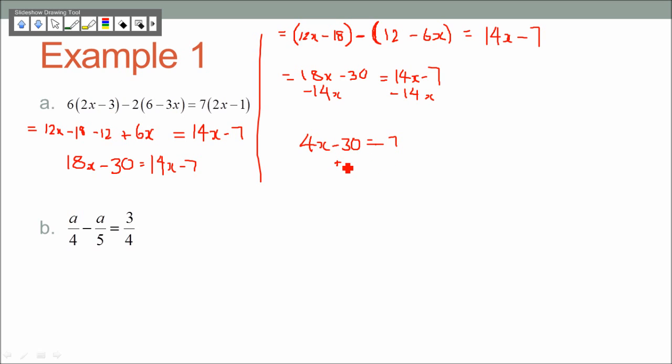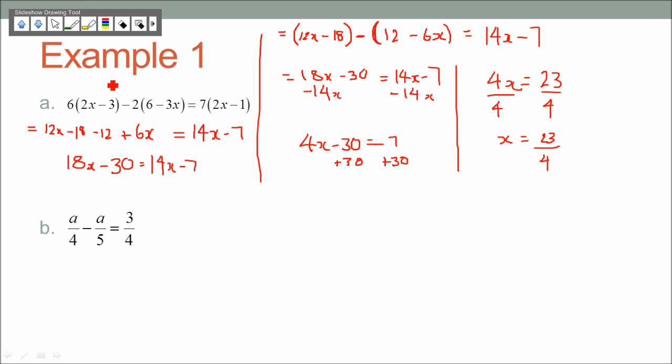Then we're going to plus 30 to this side, plus 30 to this side. So 4x equals 23. Then we're going to divide by 4 on this side, divide by 4 on this side, so that x equals, well, we're going to leave it as a fraction, 23 over 4.